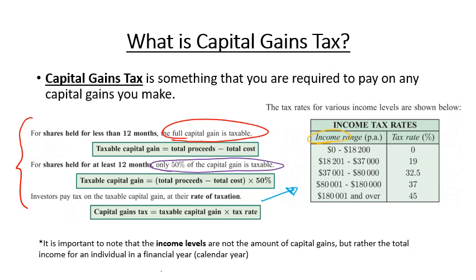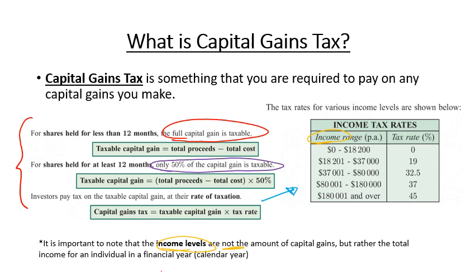As it says down here, income levels are not the amount of capital gains, but rather the total income of an individual for the financial year. So it won't just be one investment. It's probably going to be part of their salary as well, or any other investments they're making. The total amount of money they make throughout the whole year is their income range, not just the single capital gain on one investment.